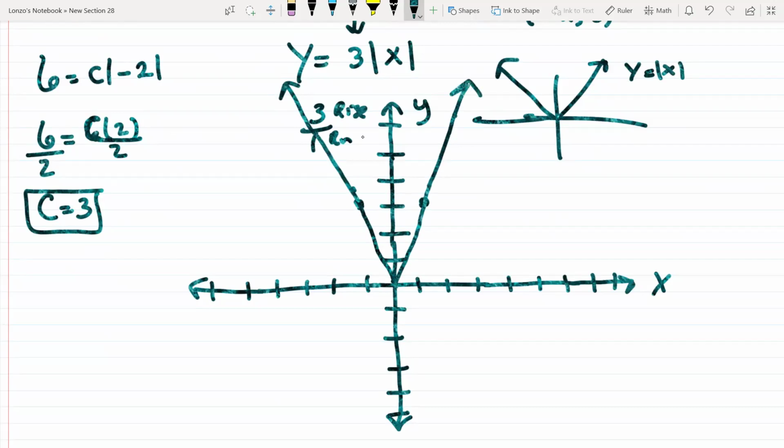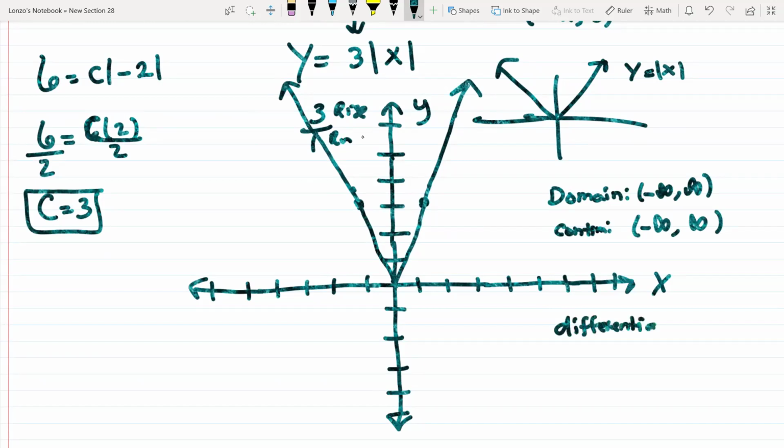Okay, so if that's our graph, what would be the domain of this graph? The domain of our graph is from negative infinity to positive infinity. Where is it continuous? It is continuous everywhere, all real numbers from negative infinity to positive infinity. What about the interval where it is differentiable?